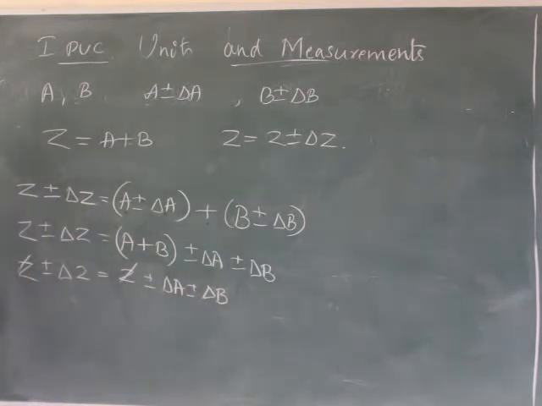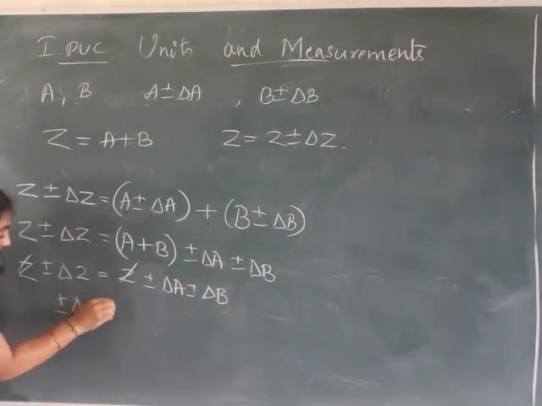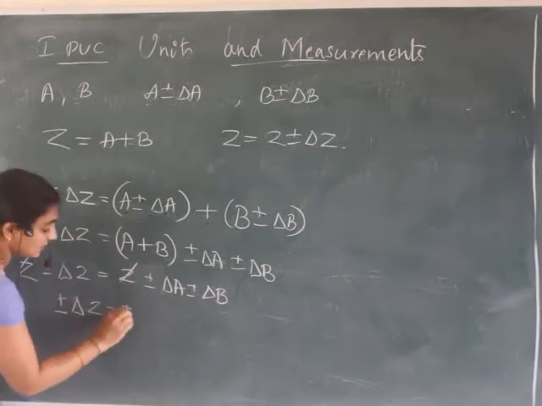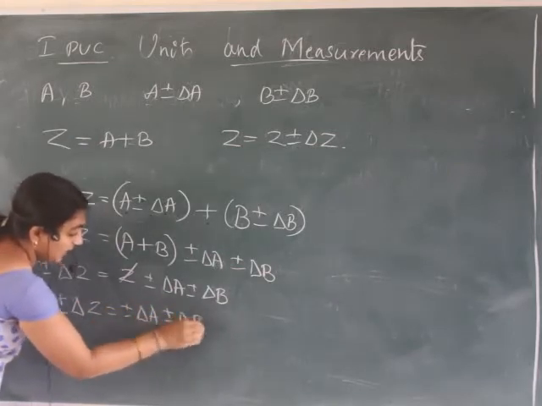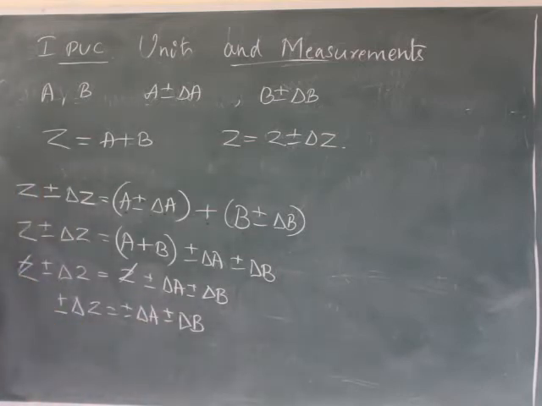Correct? What is the remaining answer? Plus or minus delta Z equal to plus or minus delta A plus or minus delta B. Am I right?